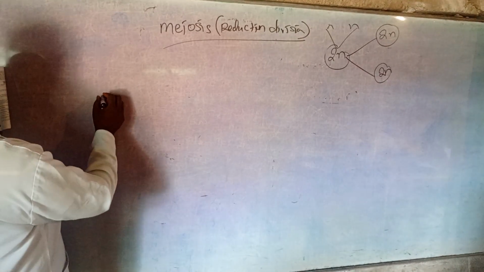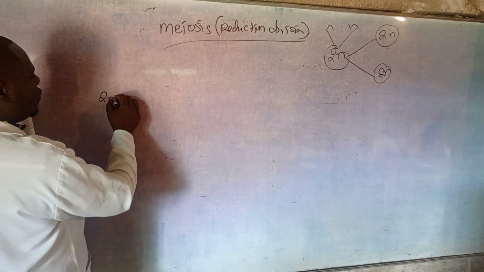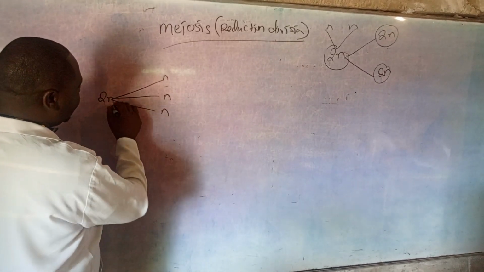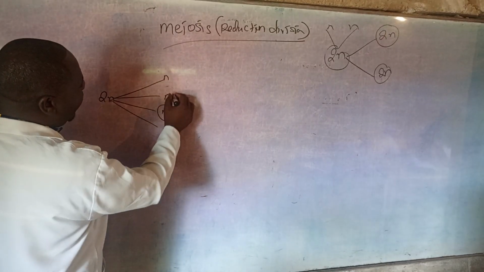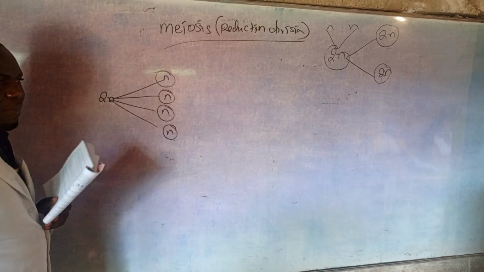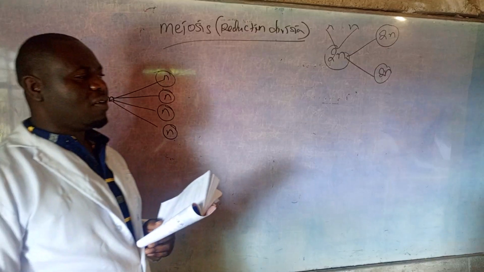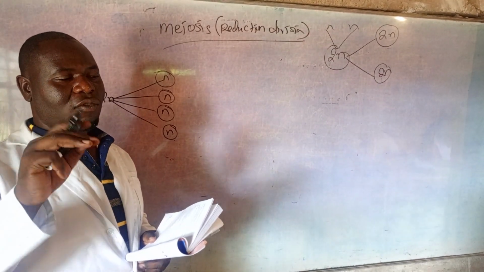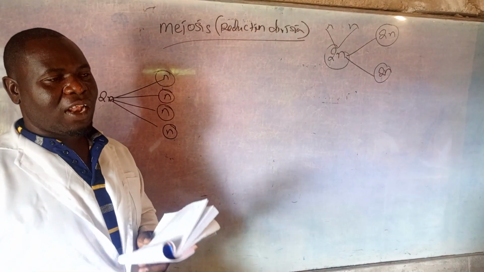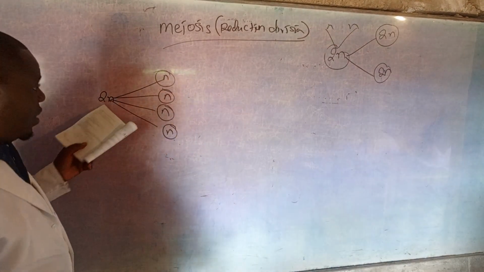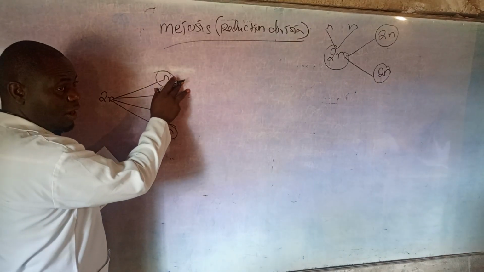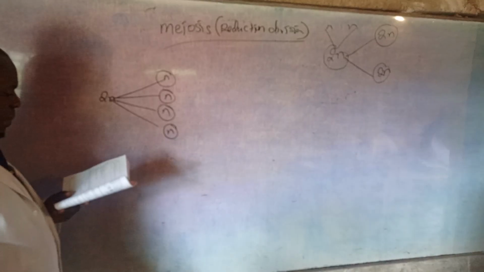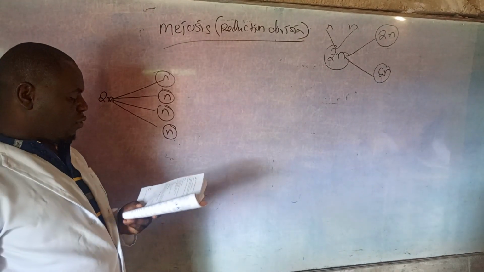For example, we have 2N here, but the offspring here will be N. As you can see, these are different from the parent. So meiosis produces 4 daughter cells which are different from the parent. So this is what we call meiosis.